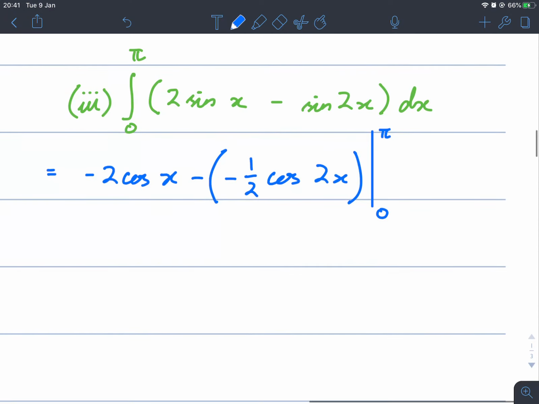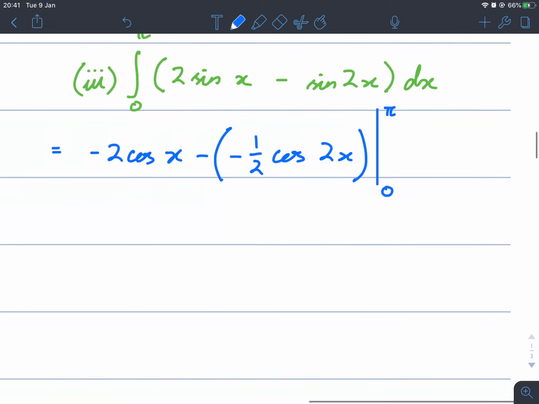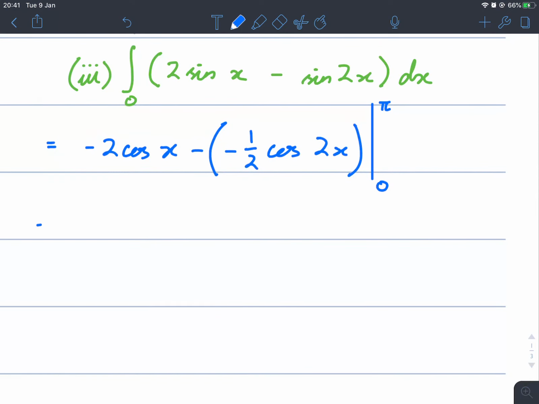Okay. So now let's integrate these values. Actually, before I do that, let's clean this up. These two negatives will become a positive, so I'm going to put the positive in the front. It's going to be half cosine 2x minus 2 cosine of x.